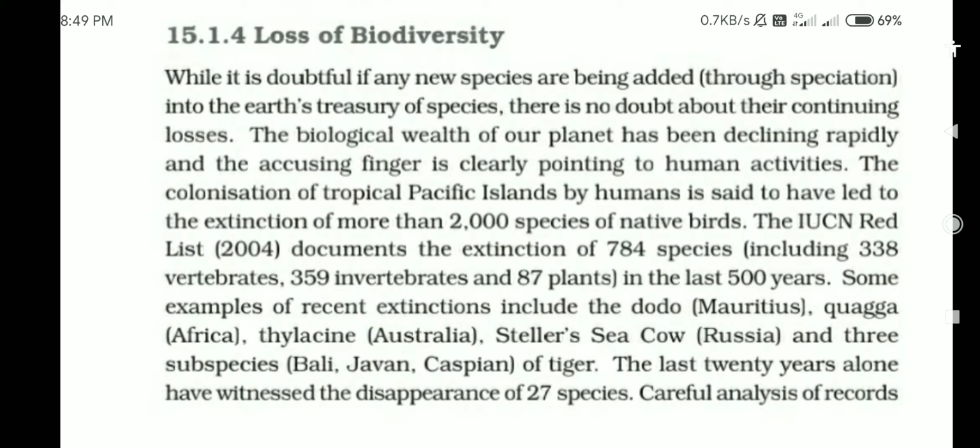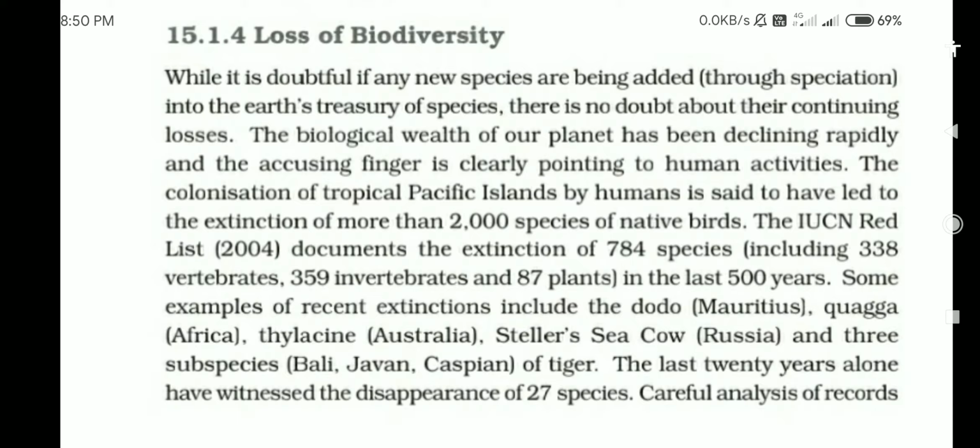Students, in loss of biodiversity, we have learned before that if there is a rich biodiversity, there will be more productivity. If there is a rich biodiversity, it means the ecosystem will be more stable.